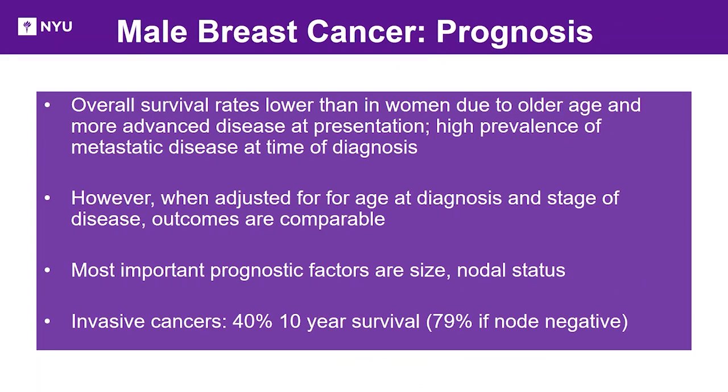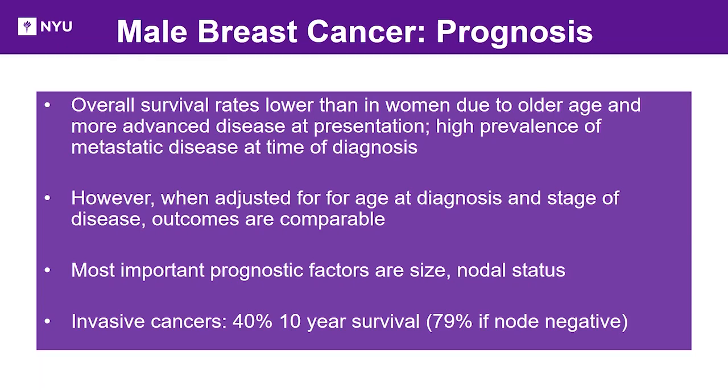I'll spend a minute talking about the prognosis for male breast cancer. Overall, the survival rates are lower than in women. It's due to the fact that you're diagnosed at an older age and usually at a more advanced disease presentation because we're not expecting this diagnosis. Unfortunately, there's a higher prevalence of metastatic disease at the time of diagnosis.